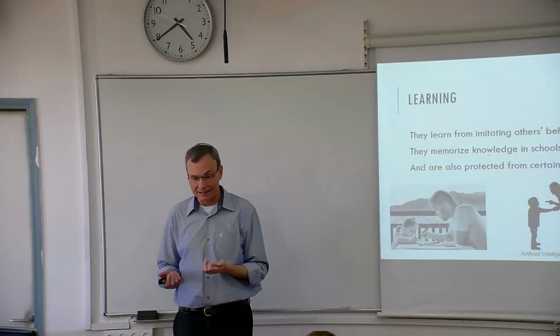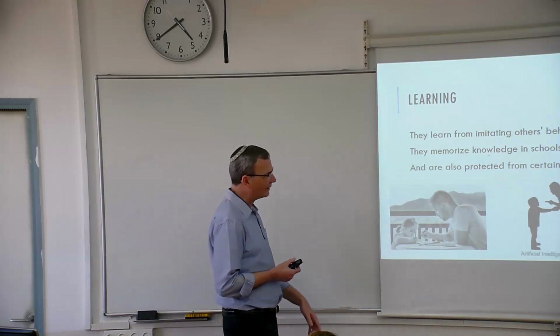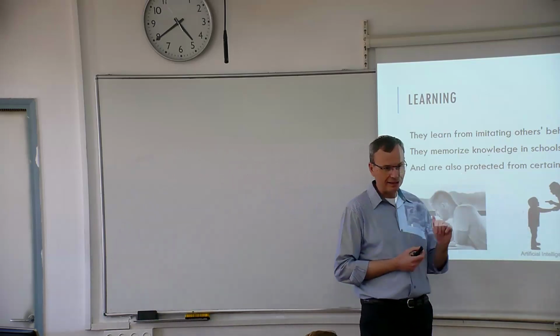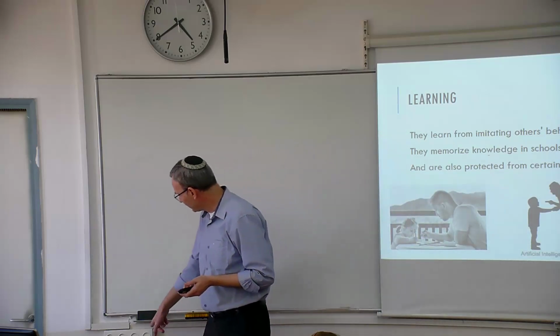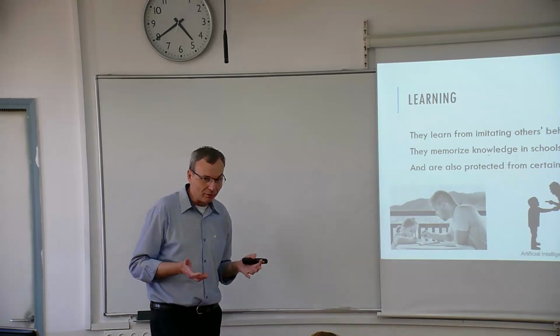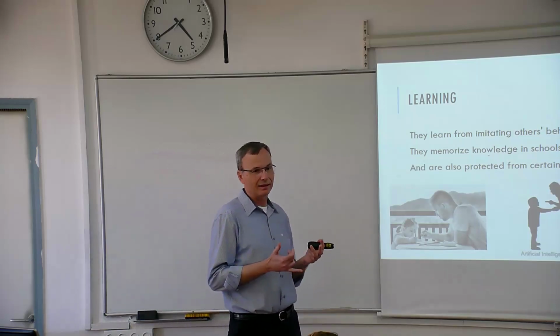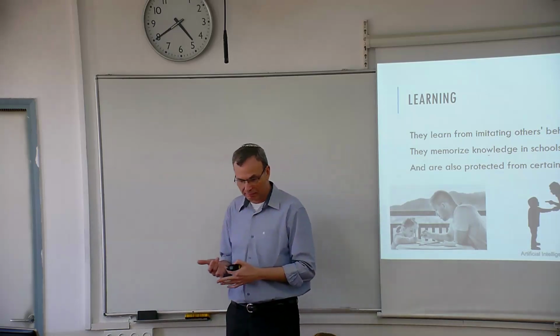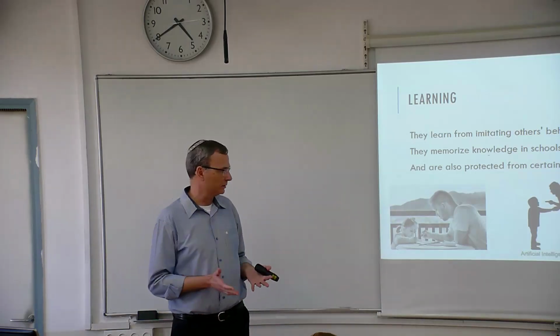Which is rule system. And also, we protect children from mistakes. We don't tell them, well, okay, let's put your finger in the electricity and let's see what happens. We try to avoid this, okay? So reinforcement learning is a useful method, but again, we cannot rely only on it.